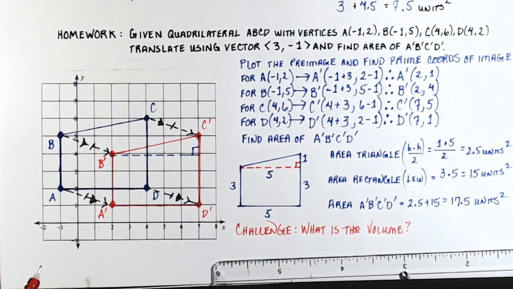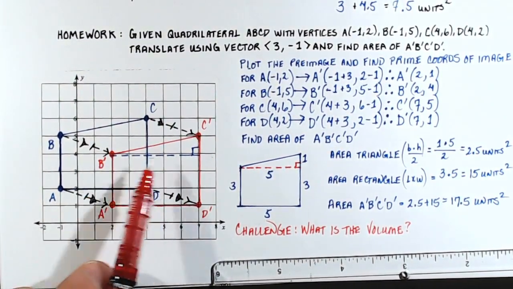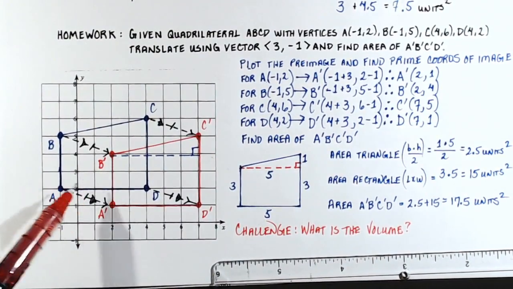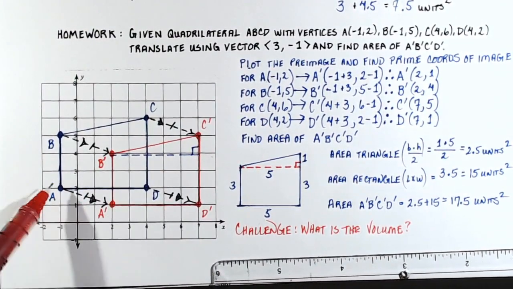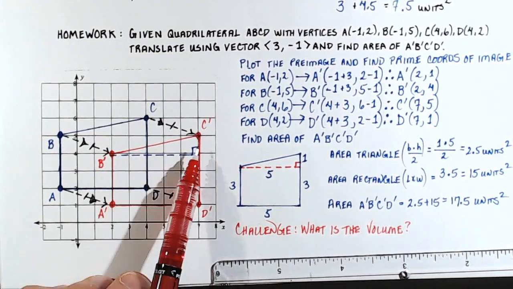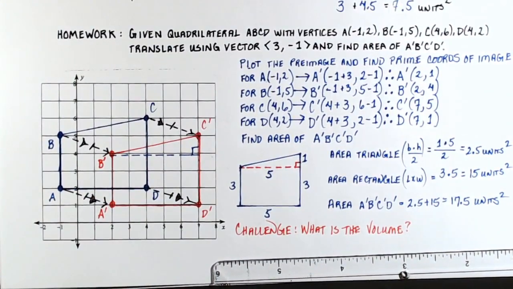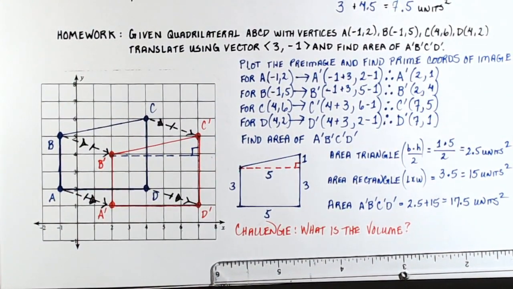You would take the area of this rectangle and multiply it by the vector distance. Then take the area of the triangle, multiply it by the vector distance, and add those two volumes together and you would get it.